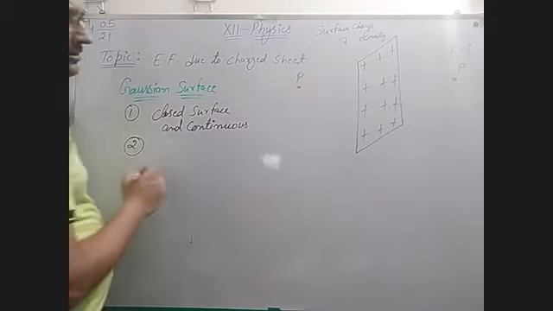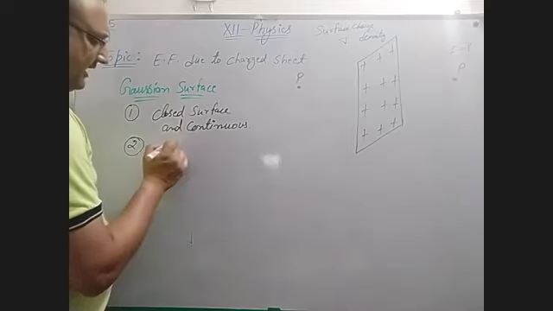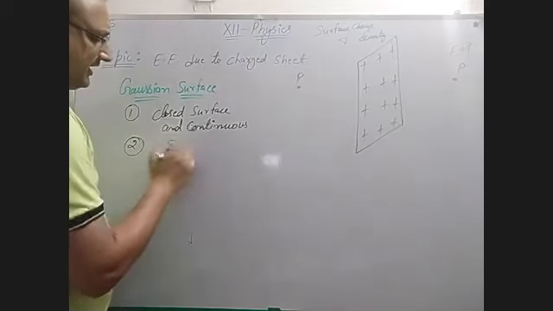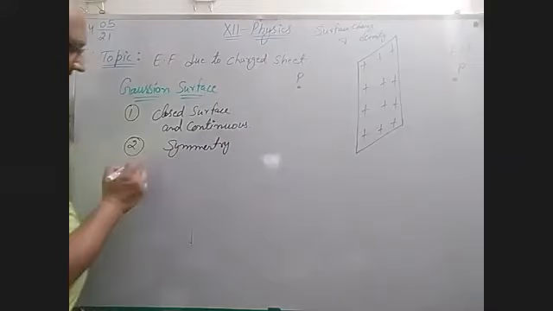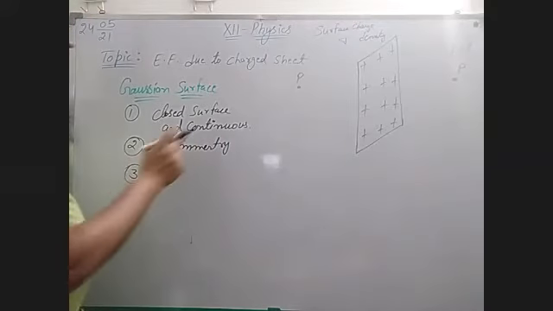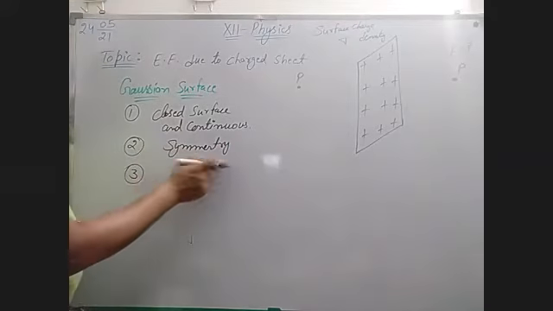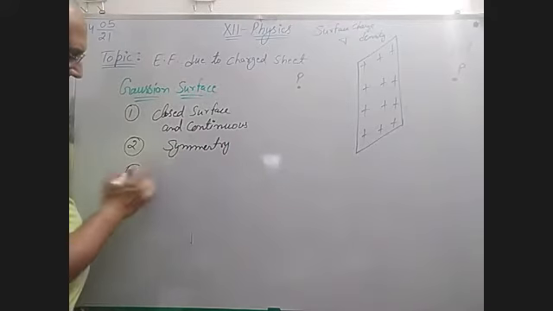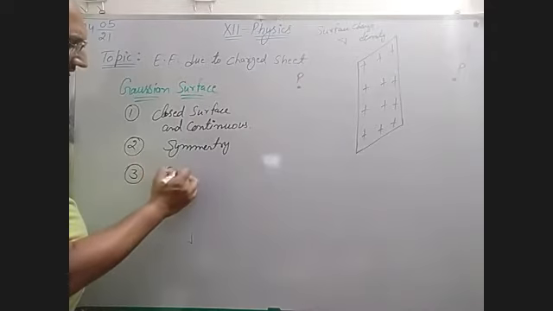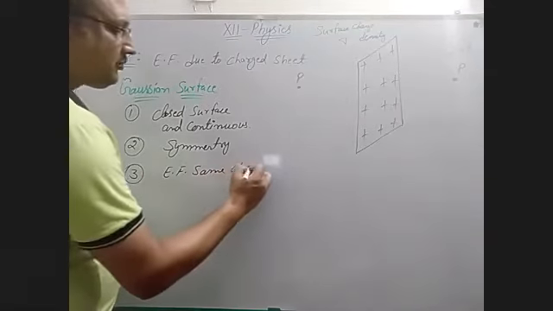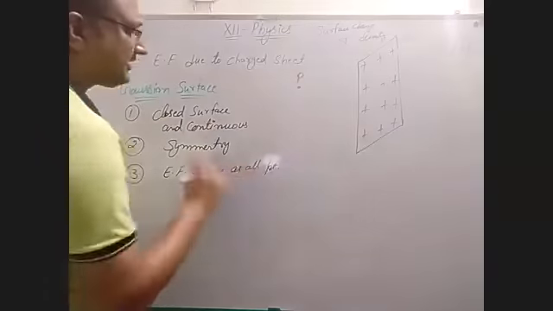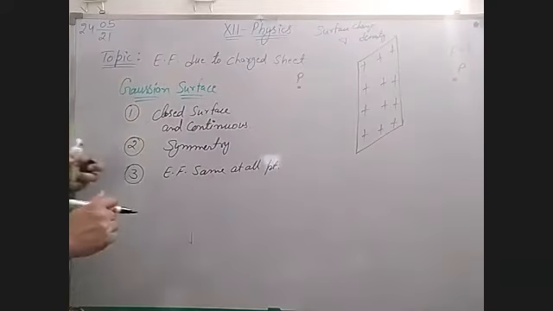Second, it should have symmetry. And third, the electric field should be the same at all points. These are the conditions for a Gaussian surface.